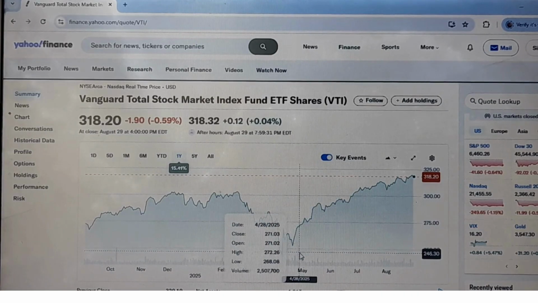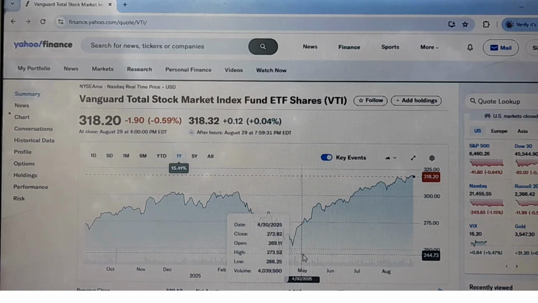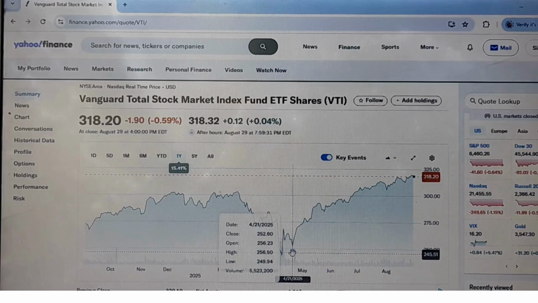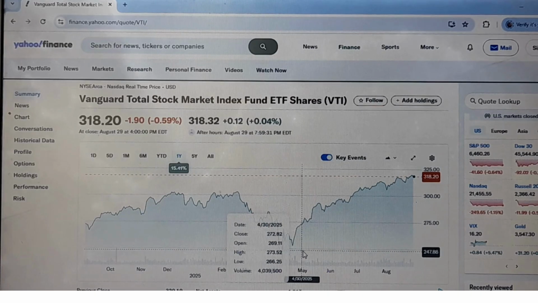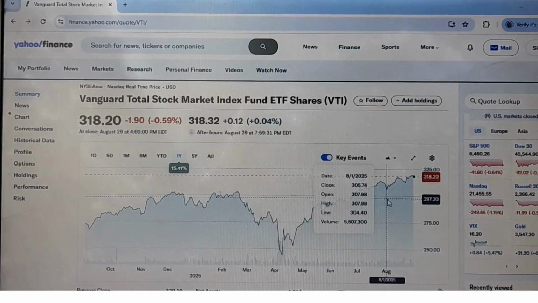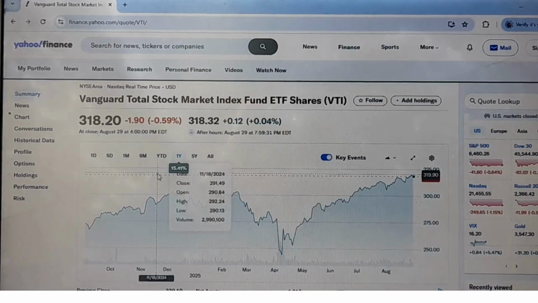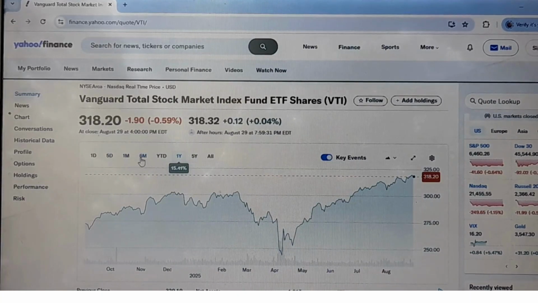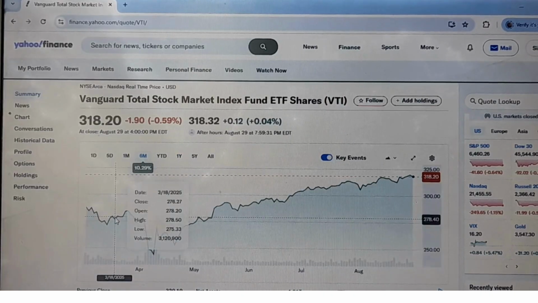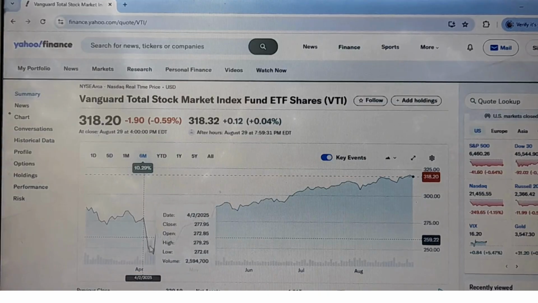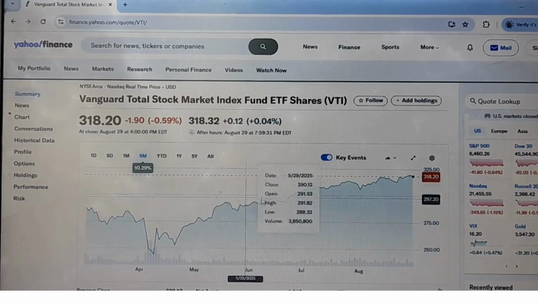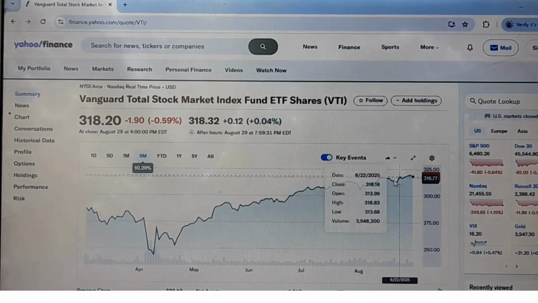Even before the next month, at this point, you see on 21st of April, it started going up, and it has gone up, you see, up to date. So that's how you read that line. You just move along and look at the behavior of VTI.